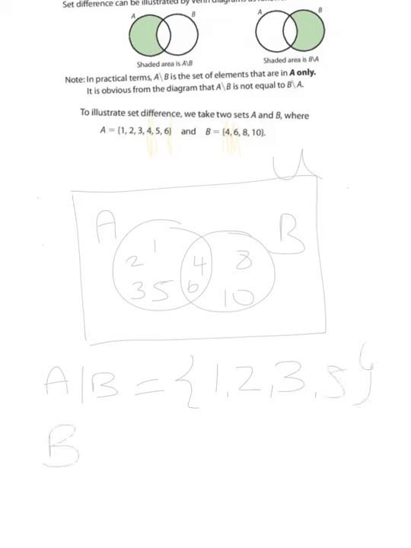And then if we did B less A, so that's B only. So that's the part of B without A, so that's 8 and 10. So we can clearly see that A less B is not equal to B less A.